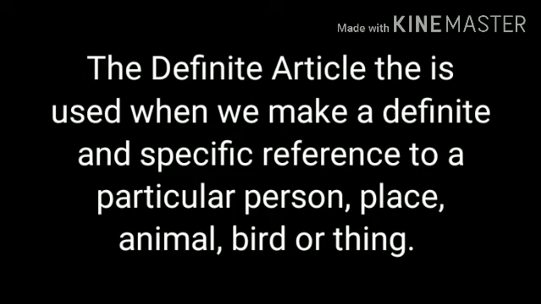If you want to mention a particular place, any place, like the Taj Mahal or any other place, you can mention it. Any person, particularly Varun or Meera, like that. If you want to mention a particular place, person, animal, bird or thing, you should use what?